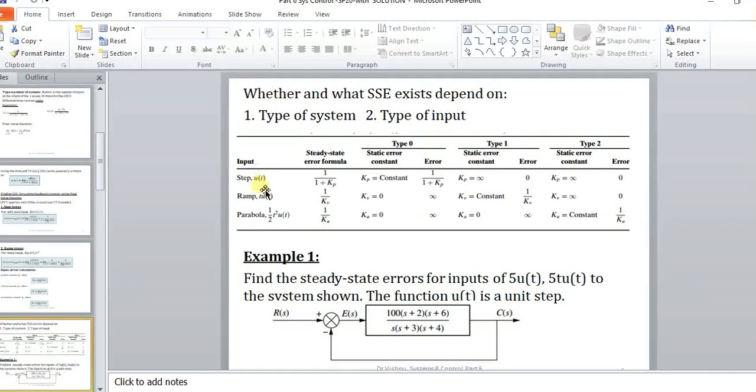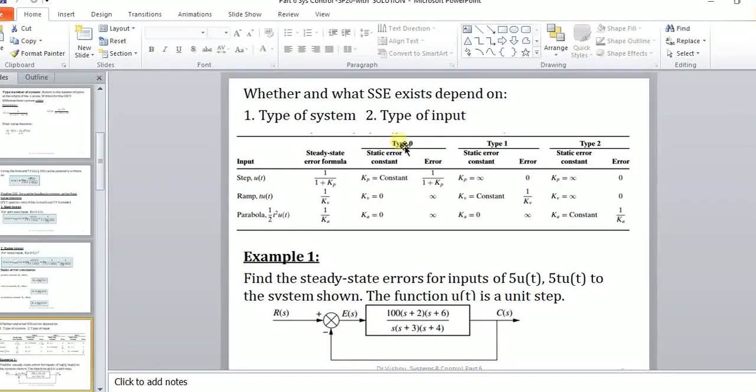So here we have inputs: step input, ramp input, parabolic input, and here we have type number: type 0, type 1, type 2. The first column says the formula to be used for finding steady state error. From this you can see if the input is a step input, Kp is involved. If it's a ramp input, Kv is involved, and if it's a parabolic input, it's Ka which is involved.